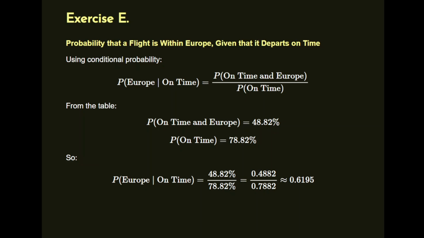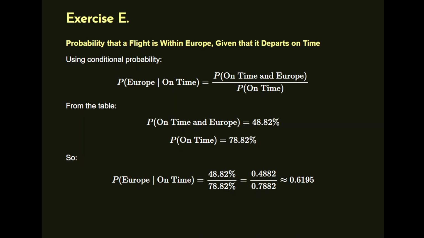So that is the probability of Europe given that it's on time, and that is equal to the probability of on time and Europe divided by the probability on time. It's similar, but completely different, is what I'm trying to say from the last exercise.